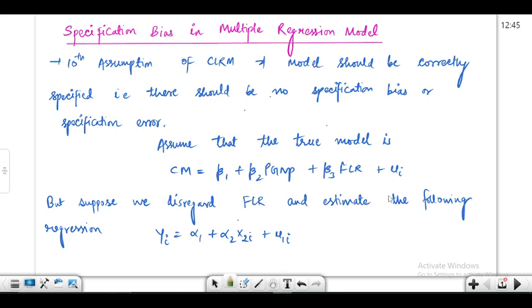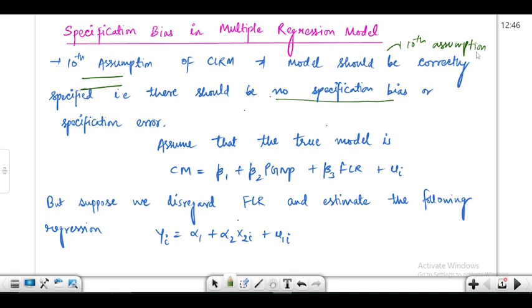We had discussed the ninth assumption, so we'll talk about the 10th assumption, which says that the model should be correctly specified, that there should be no specification bias or specification error. So, no specification bias, that is the 10th assumption of the model.